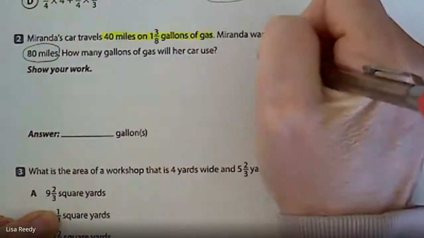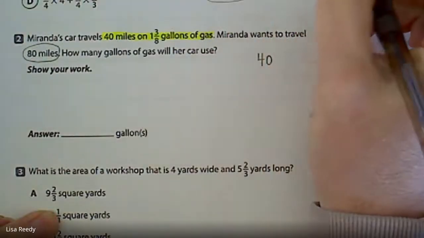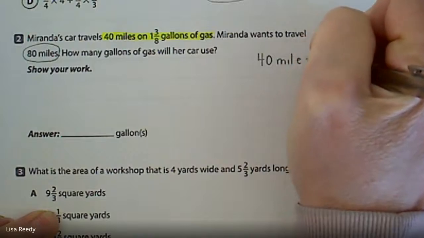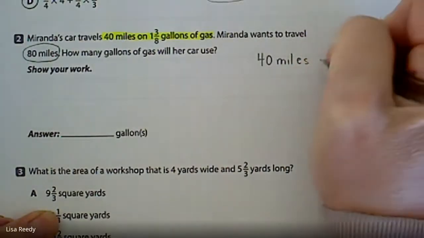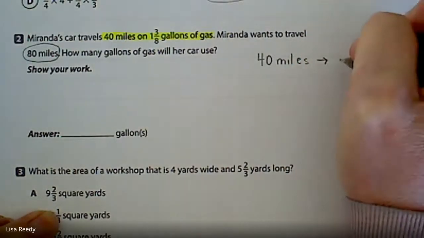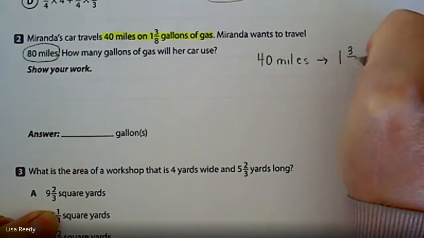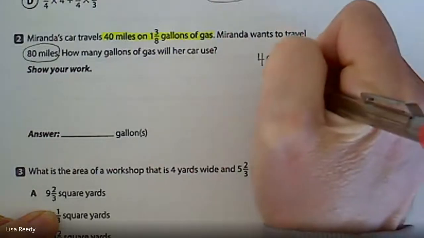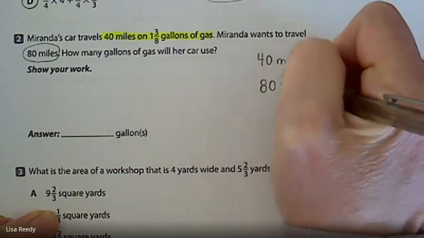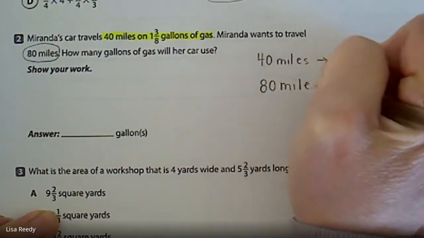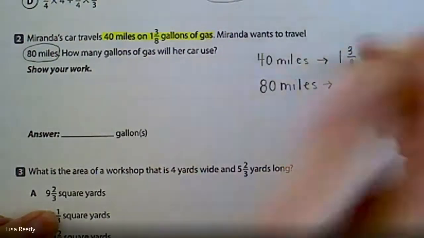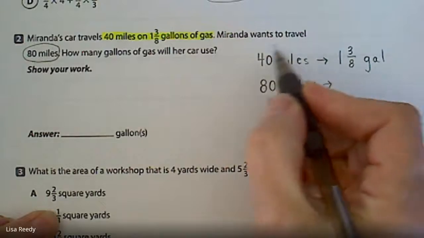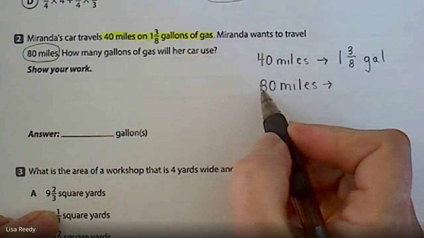So again, we know that 40 miles will take 1 3/8 gallons. So we want to know how many gallons 80 miles will take. What we need to figure out is how many groups of 40 miles we have in 80 miles.